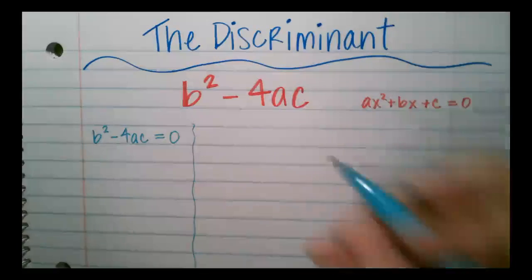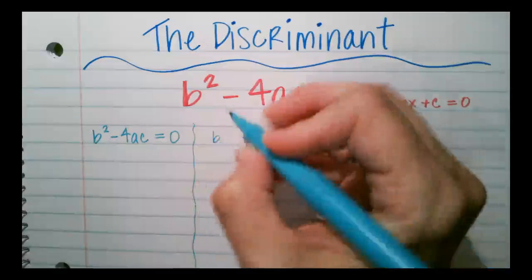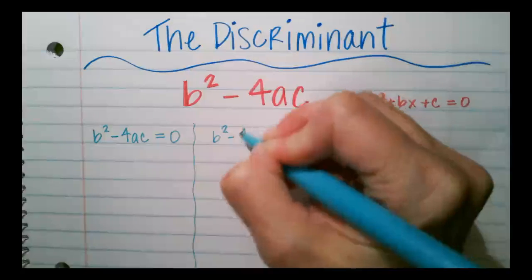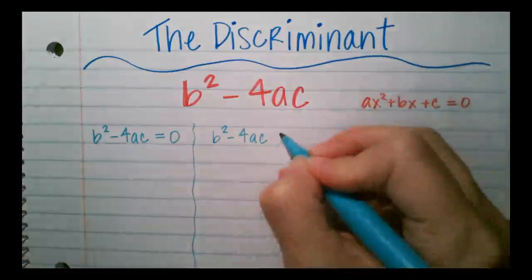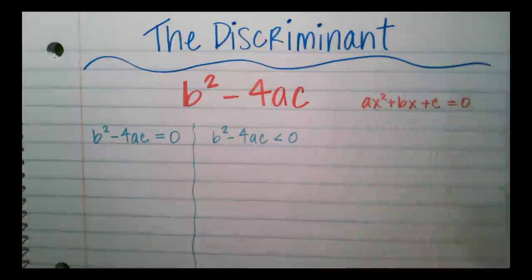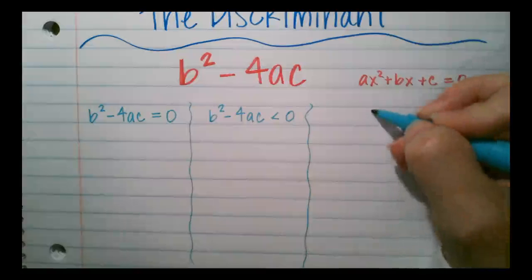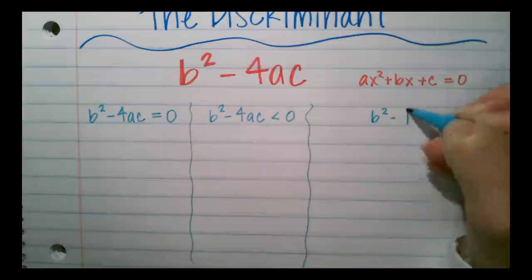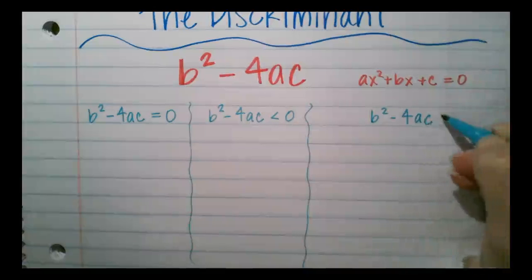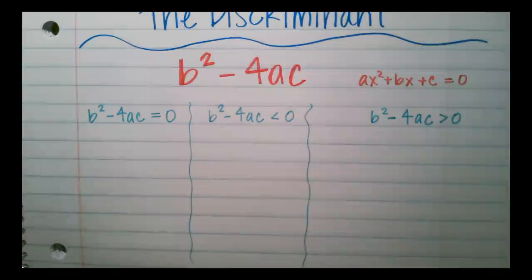Or b squared minus 4ac could be a negative number, or b squared minus 4ac could be a positive number. All right, so those are the three things that can happen. So let's start off with the first one.